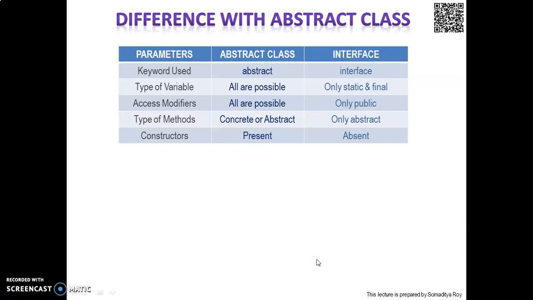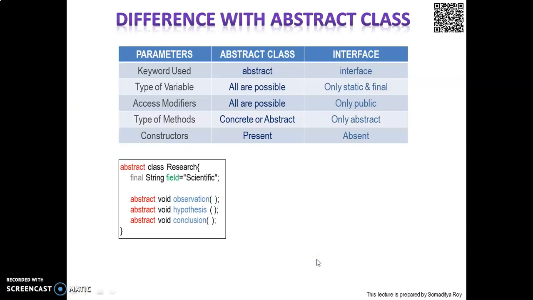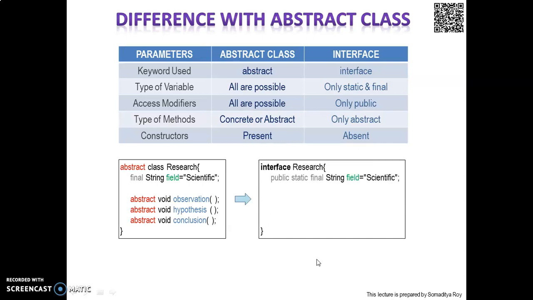So how to redesign our research abstract class into an interface? Let's start with the interface keyword. The fields are public, static and final, and this field here in our example is assigned as scientific, so we cannot change the value scientific further, followed by 3 abstract properties or methods.